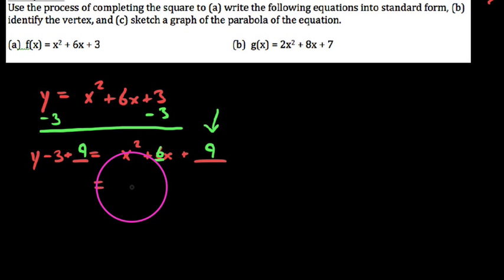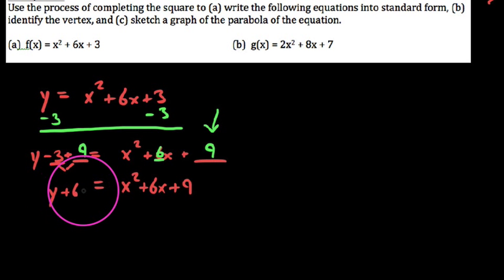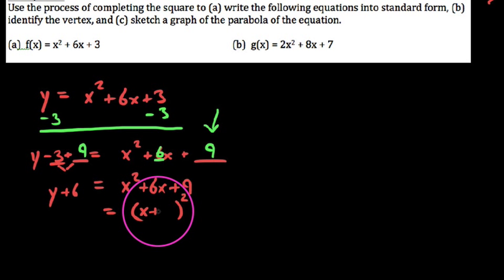So now here's what we end up with. On the right, x squared plus 6x plus 9, which is wonderful. And on the left, after combining like terms, we get y plus 6. So the right side, let's go ahead and factor it. And not only does it factor, oh my goodness, it factors wonderfully down into x plus, now hold on, I know it's a plus because we're going to fill this blank in with half the middle term, and the middle term was positive, but half of 6 is 3.